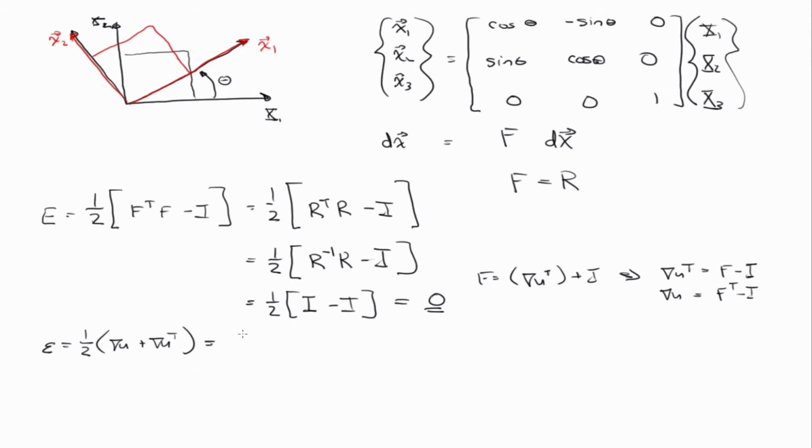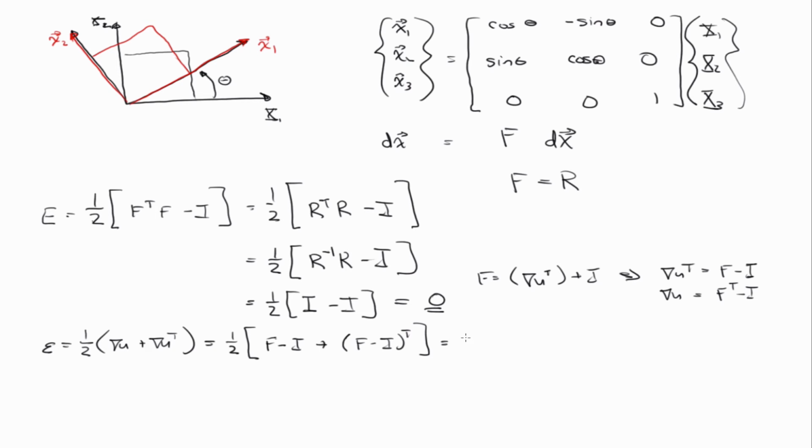So if I do that, plug that in, we'll have 1/2 ((F minus I) plus (F minus I) transpose).